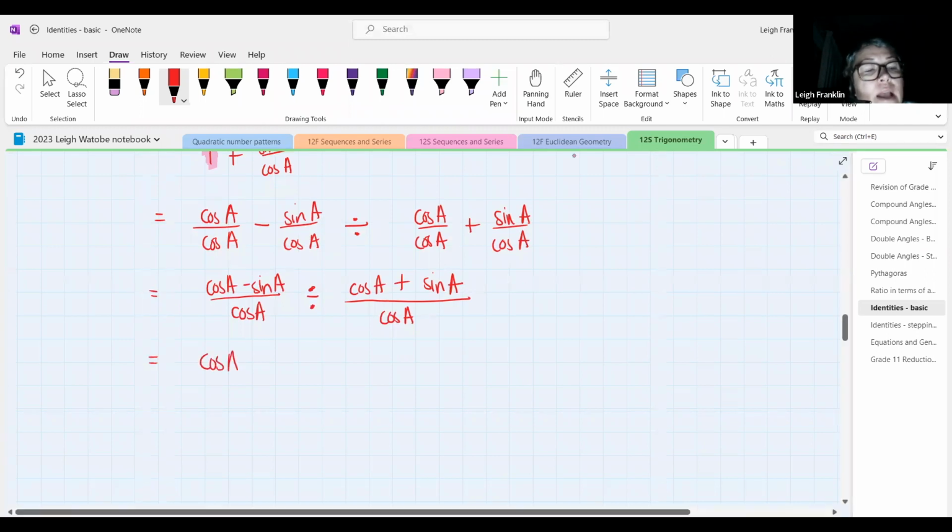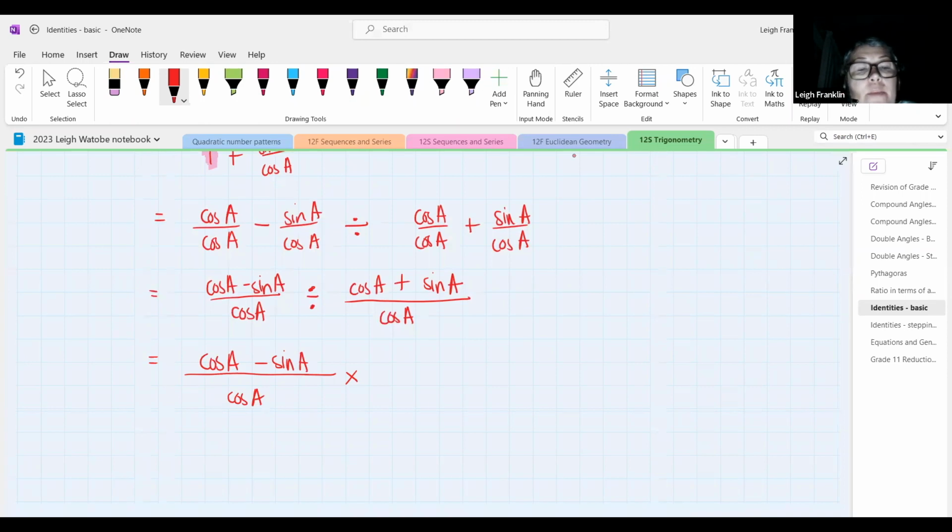So cos A minus sine A over cos A times, and now I'm going to put cos A at the top, and I'm going to put cos A plus sine A at the bottom. And now I cannot cancel inside those brackets or inside those brackets.